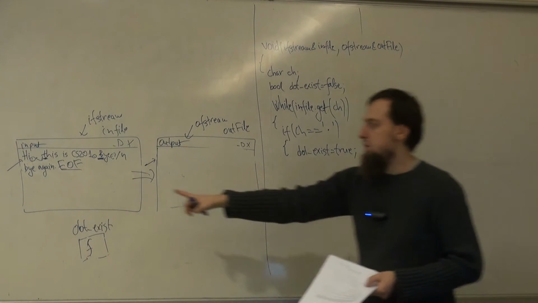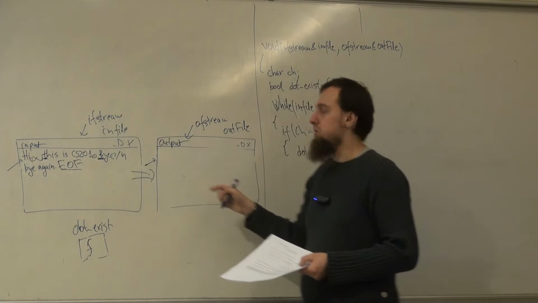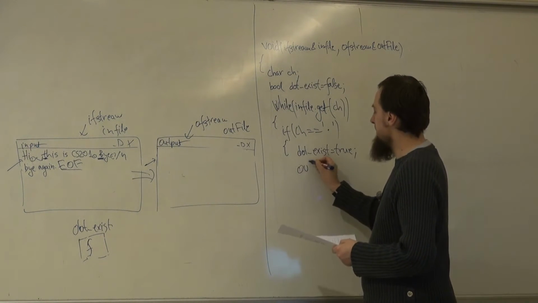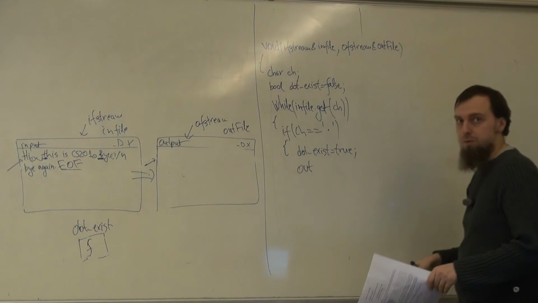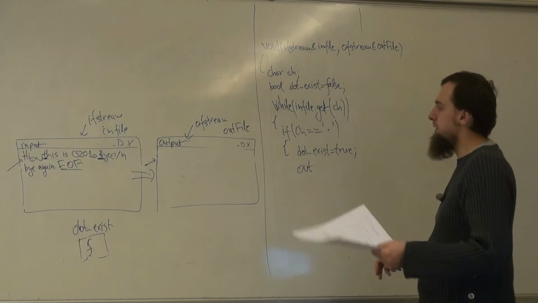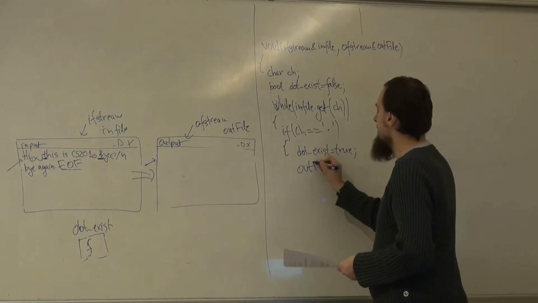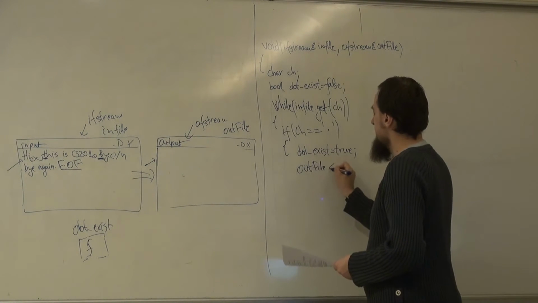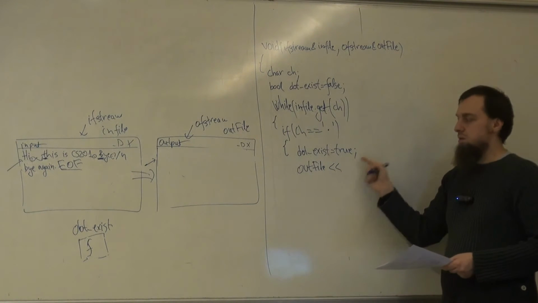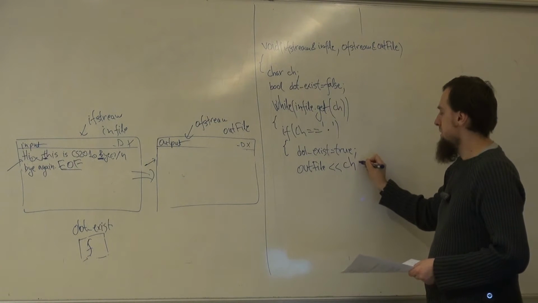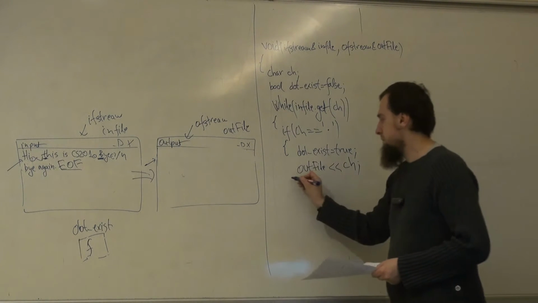And of course, if it's a dot, we write the dot also. That's why we do it with the out file. And out file, you remember, I'm not going to write the properties, member functions of that. I've written them like 2 or 3 times in the recitations. So out file, this is how we write an output with this ostream operator and write the character, which was the dot.